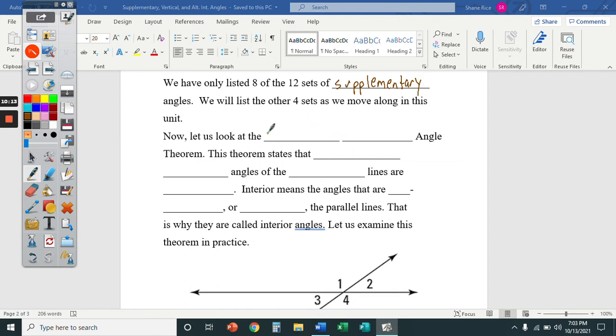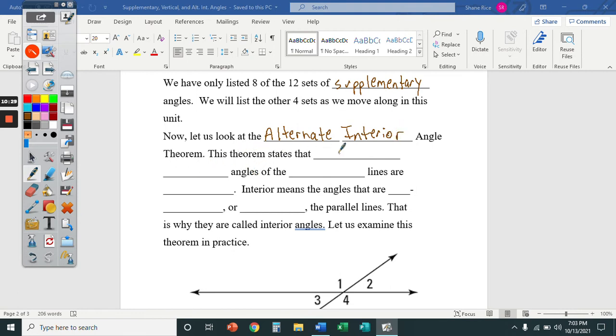Now we're going to look at the alternate interior angle theorem.